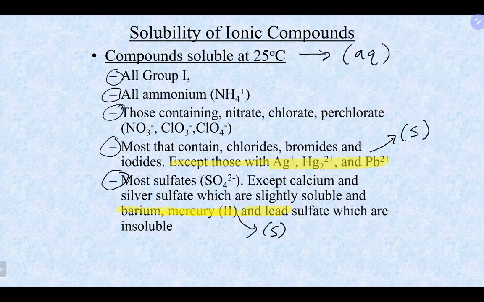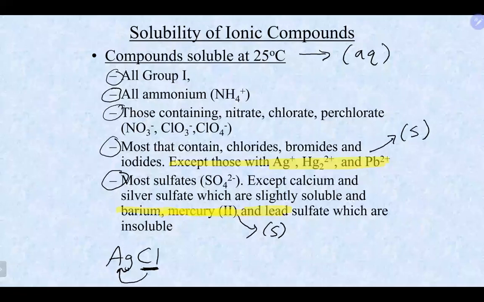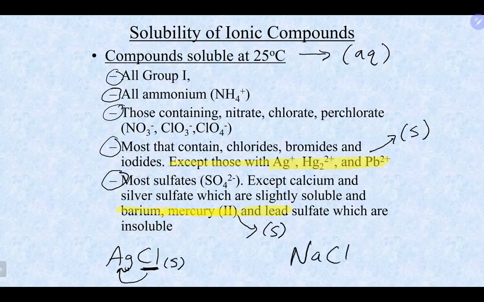So this is why earlier when we did our silver and chloride together, the chloride here is soluble in everything except for silver, which means instead of being soluble, this is why this one got the solid, as compared to sodium chloride, where chloride is soluble in everything except for silver, lead, or mercury, and that is not silver, lead, or mercury, so this is aqueous.